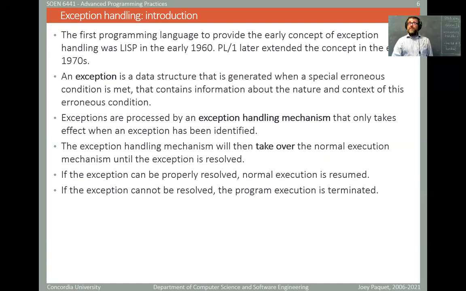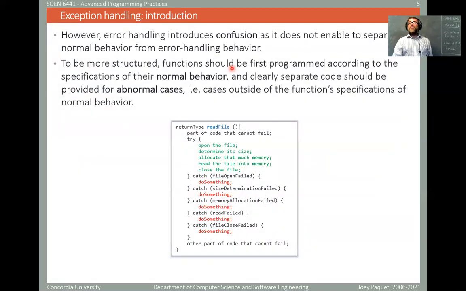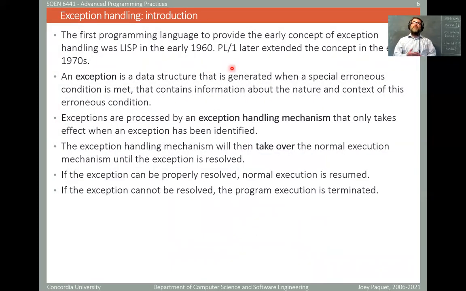Now, some people might think this is new. No, it's not. The notion of error handling or exception handling started to exist in some of the first programming languages. An ancestor of what we have now was present in Lisp, which was in the early 1960s.